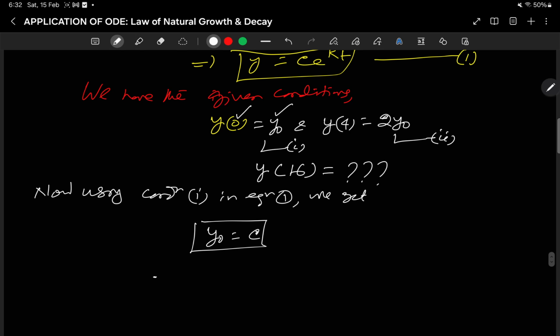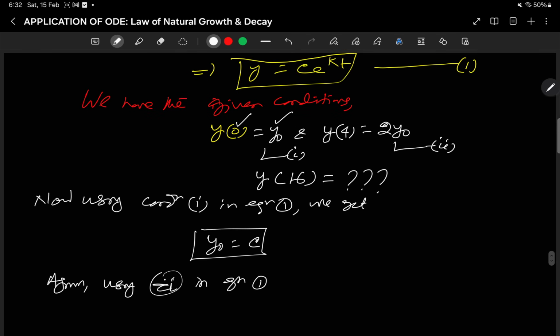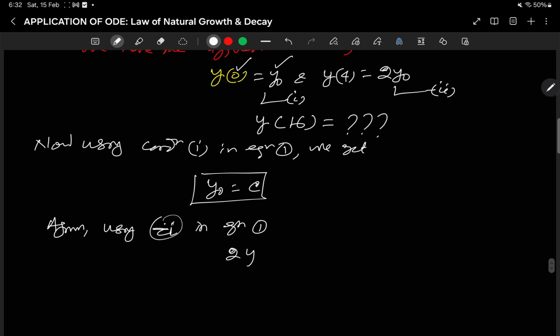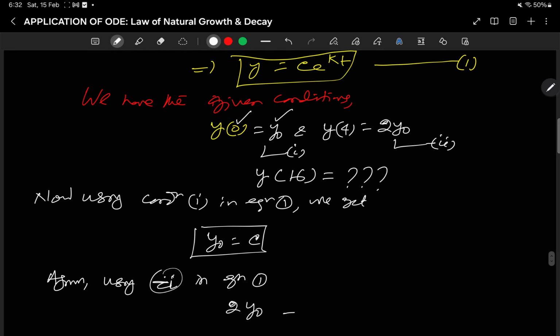So again, using condition 2 in equation 1, condition 2 means when y is 2y0, it is e to the power 4k, and the value of c I substitute here, it is my y0, right?